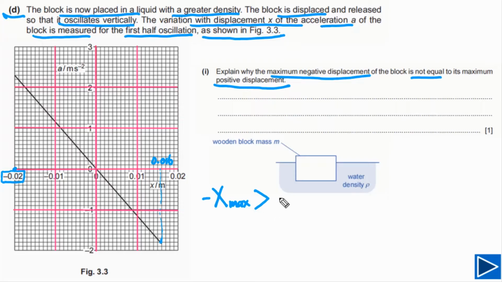The magnitude of that is greater than positive maximum displacement. Simply we can say in this case negative 0.02, this one is greater. We are talking about magnitude. Negative simply tells us direction of displacement, and this one is greater than 0.016. We need to explain why it is like that.